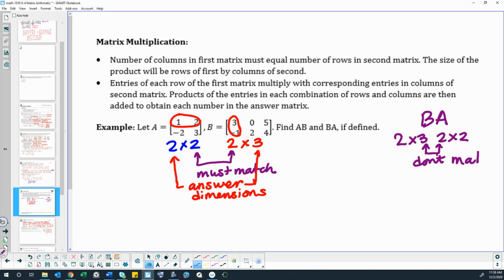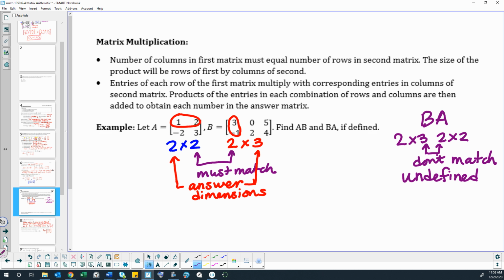So multiplying in that order would be undefined. You would not be able to do it because there's no definition for that type of multiplication. We haven't actually multiplied them yet. We're only setting this up so far.